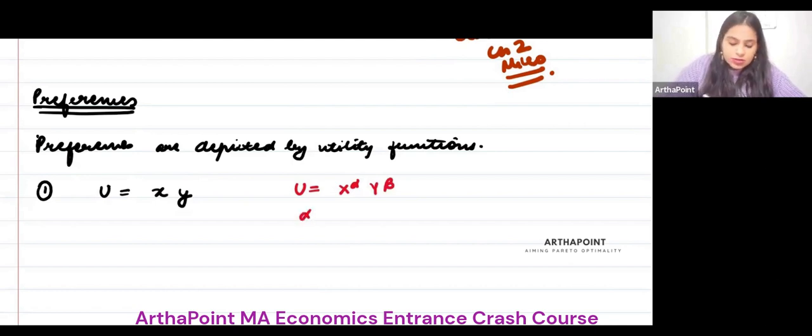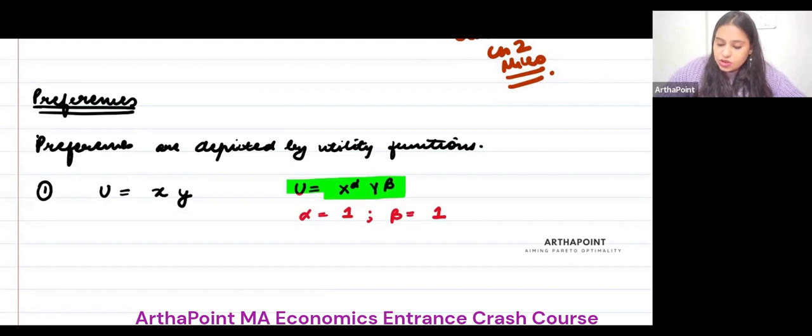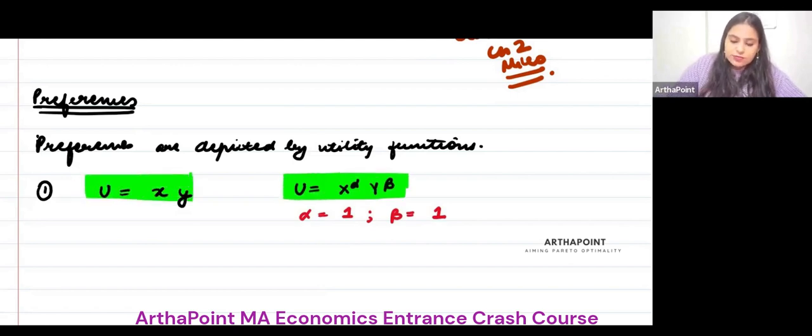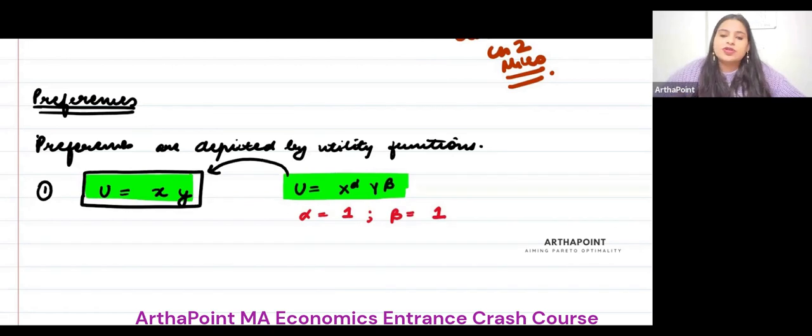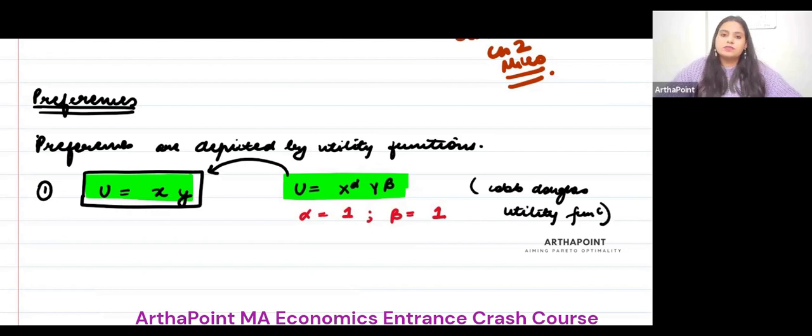But if I put alpha as 1 and beta as 1, then from this utility function, I will be able to attain this utility function. So this utility function can be a specific form of this utility function, and these are called the Cobb-Douglas utility function.